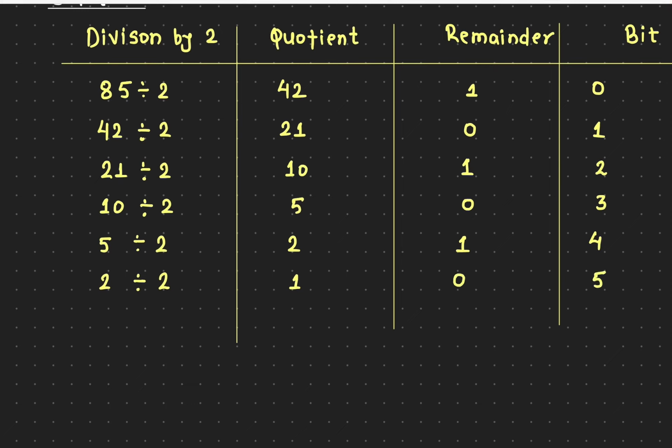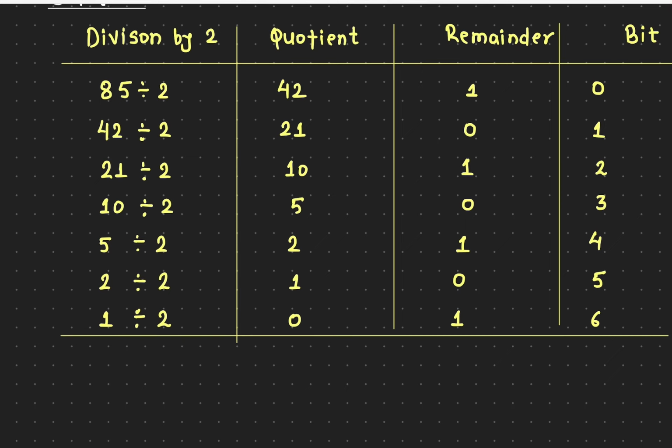And then we have 1, so we divide 1 by 2. We get quotient 0 and the remainder 1, and this is called bit 6.